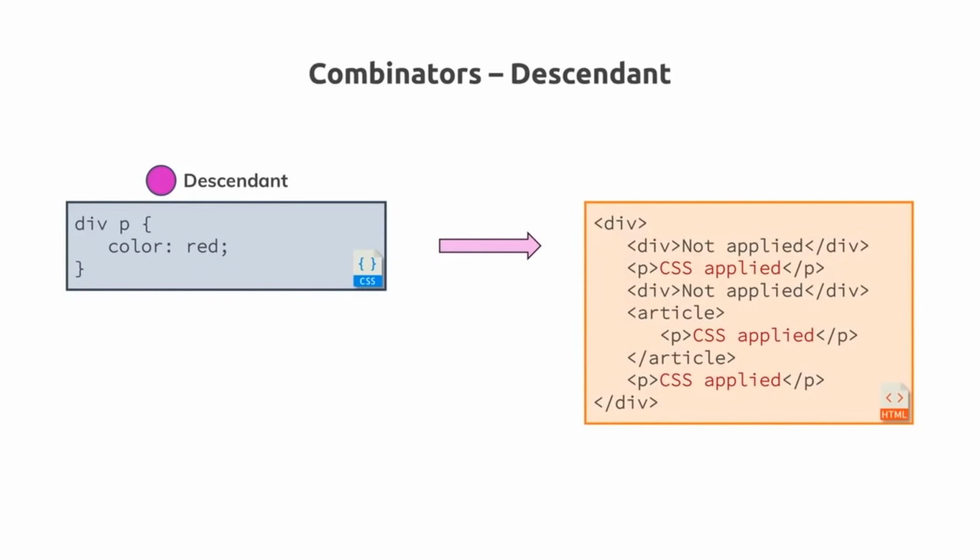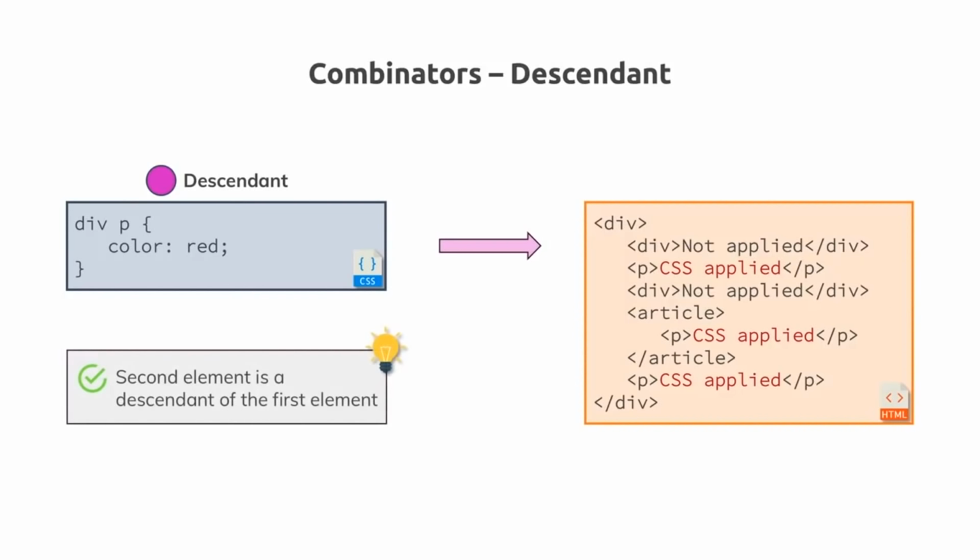In this example, all paragraphs get the red color, no matter if they are a direct child of the div or not. Simply because here it just matters that there is a div somewhere above them in the DOM, so to say, it doesn't have to be a direct parent. So the second element is just a descendant of the first element, not a direct child. Now this probably is the combinator you use most often.